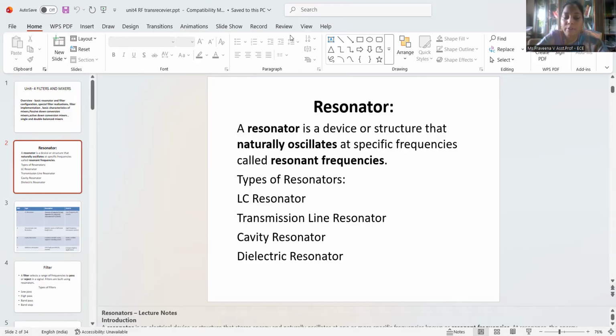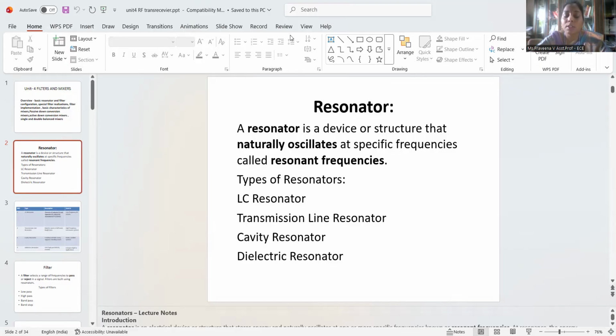Generally, the resonators are fundamental components in RF and microwave systems. Then the LC resonators are suitable for low frequency applications and the transmission line resonators are widely used in microwave circuits. Okay, and cavity resonators provide very high Q factor, that is the quality factor, for radar and satellite systems.